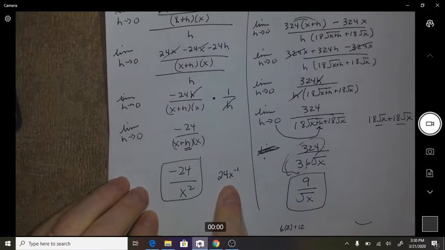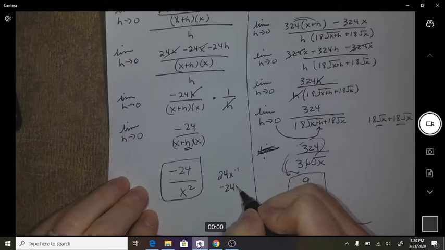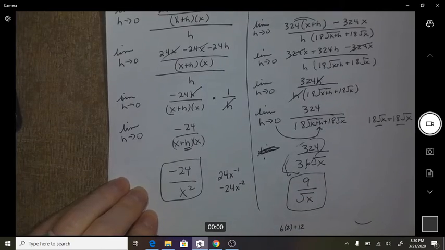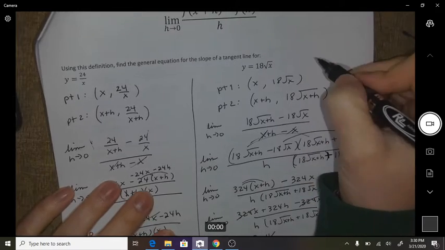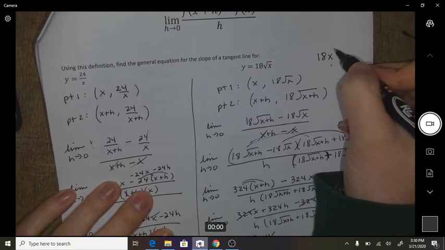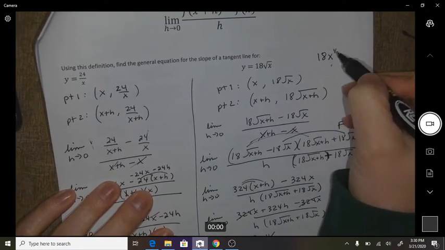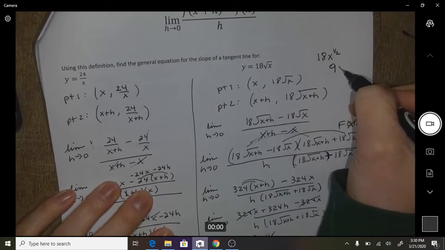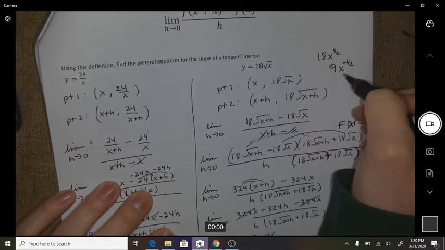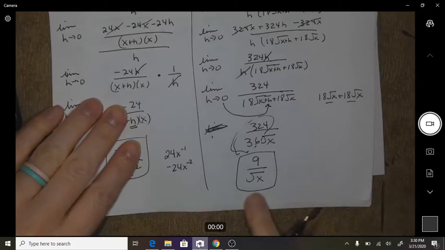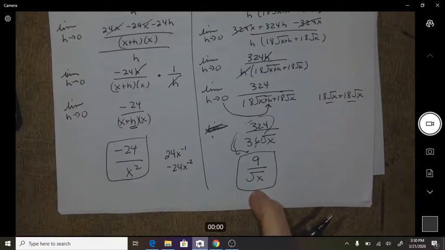Do you see how it turned into a negative 24x to the negative 2? So this one, 18x to the 1/2. So if I times, that's 9x to the negative a half with the rule. 9x to the negative a half.